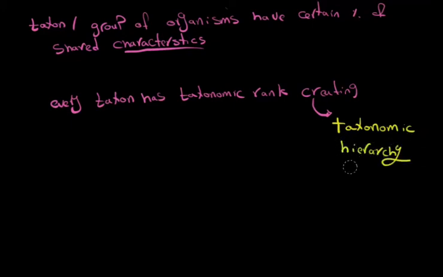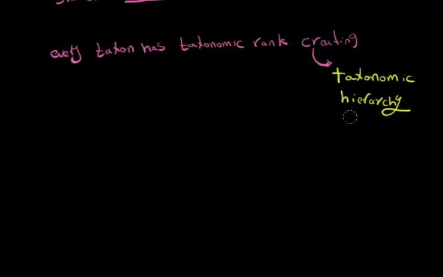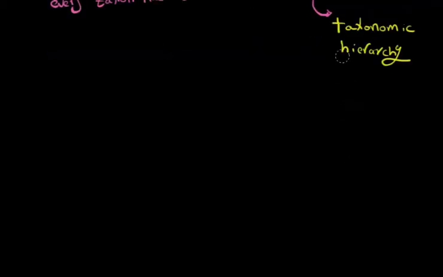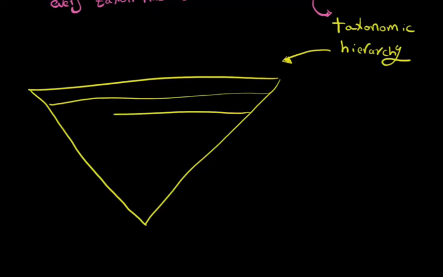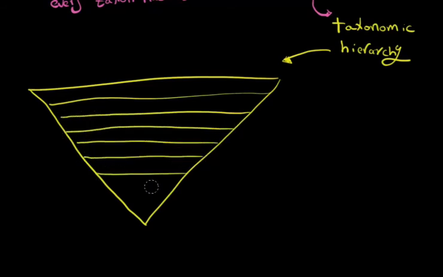Each taxon has a taxonomic rank. We said it's a hierarchy. There are higher ranks and smaller ranks. So the system is a hierarchical system, an inverted pyramid system. The large groups are at the top. They have the highest taxonomic rank, called domain.